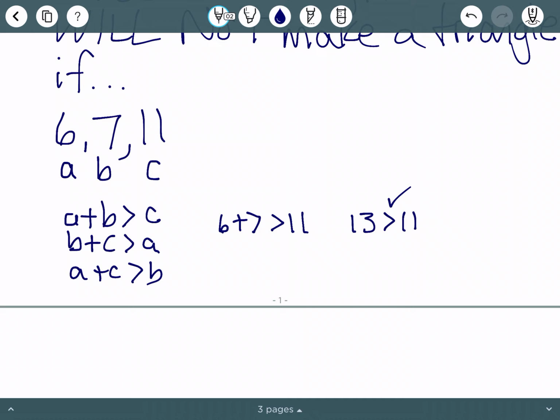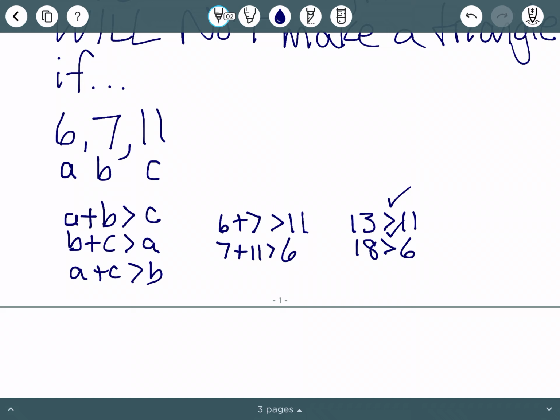Now, B plus C is 7 plus 11, which has to be greater than 6. 7 plus 11 is 18. Is 18 greater than 6? Yeah. Continuing our good luck streak here.